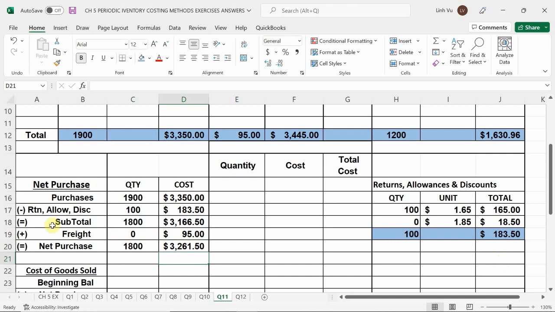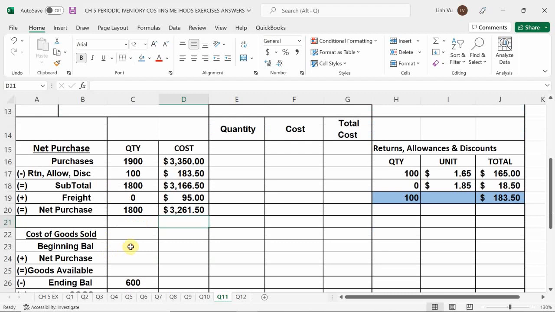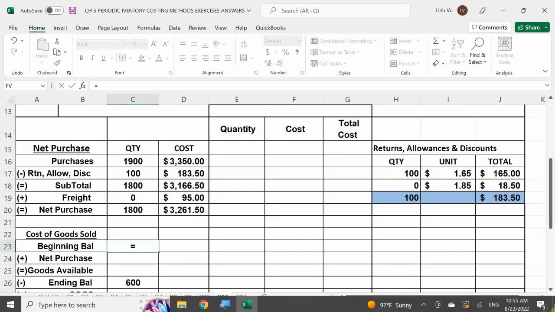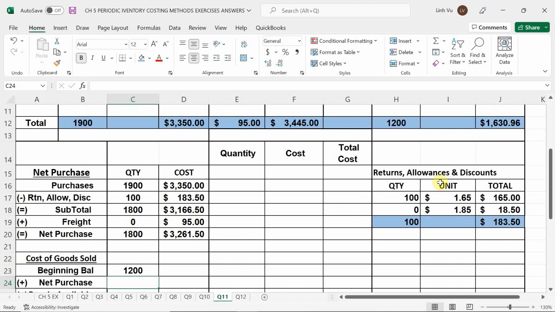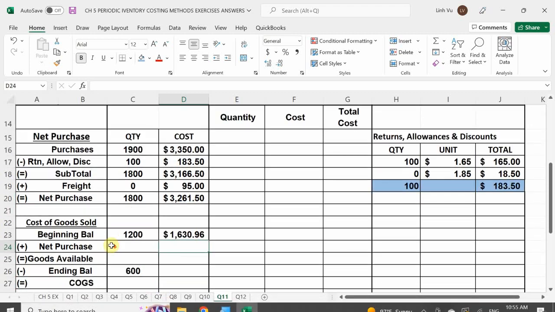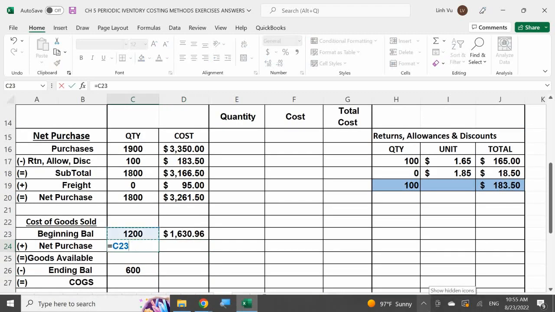All right. So then now we have beginning inventory, right? We carried over that 1,200 units at the $1,630. Okay. And what we're going to do here is carry our net purchases down to calculate our total goods available.